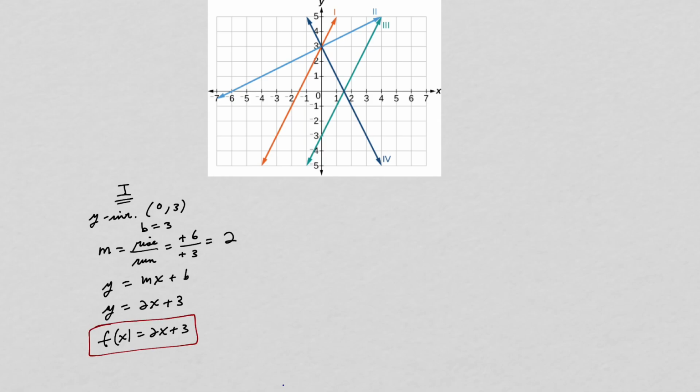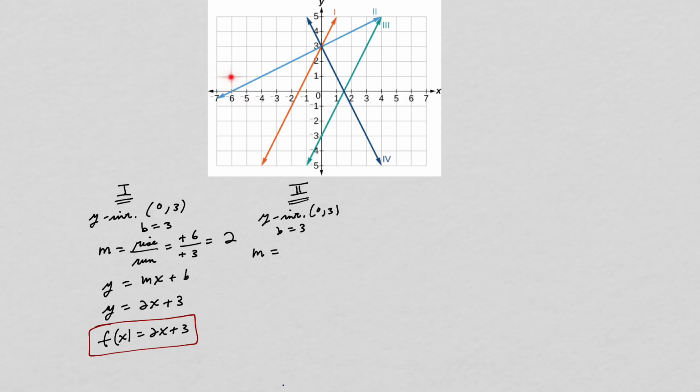All right, what about 2? Let's see, where's 2? So 2 is the blue one here, right? So the y-intercept is the same, again 0, 3, which means b is 3. And then for the slope, I'm going to start here and go to here, okay?